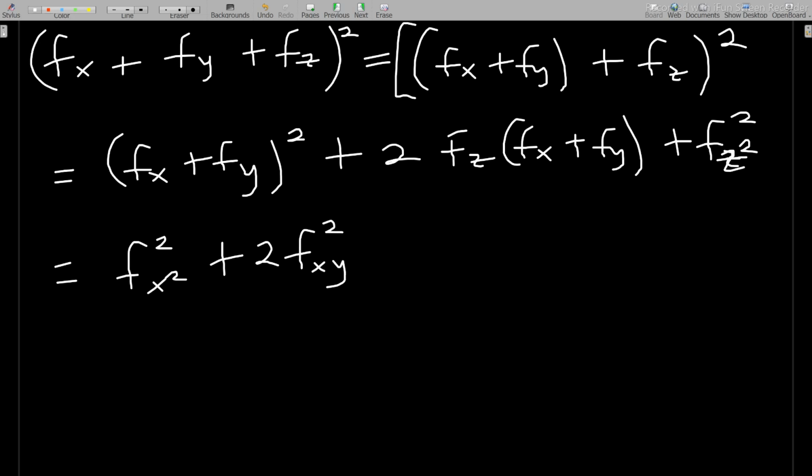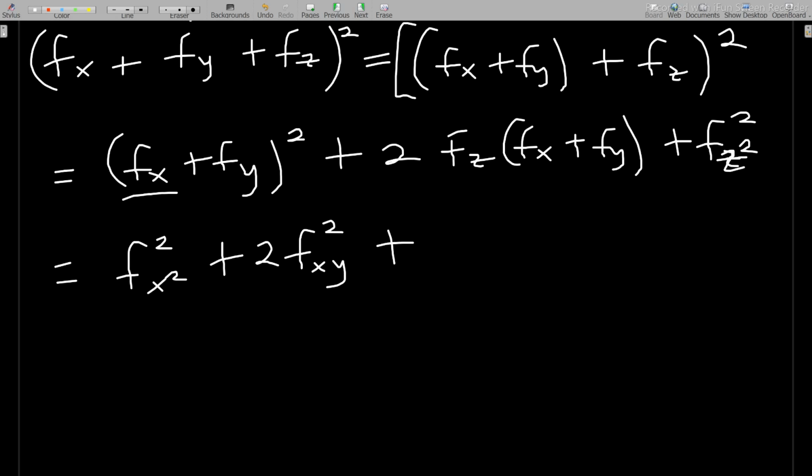So fx times fy, two of them, and in derivative it is the same as f subscript xy, meaning the second derivative with respect to x and with respect to y. I hope you get what I'm trying to say. When you expand, that is how you group them. When you are multiplying, just take the subscripts and combine them.